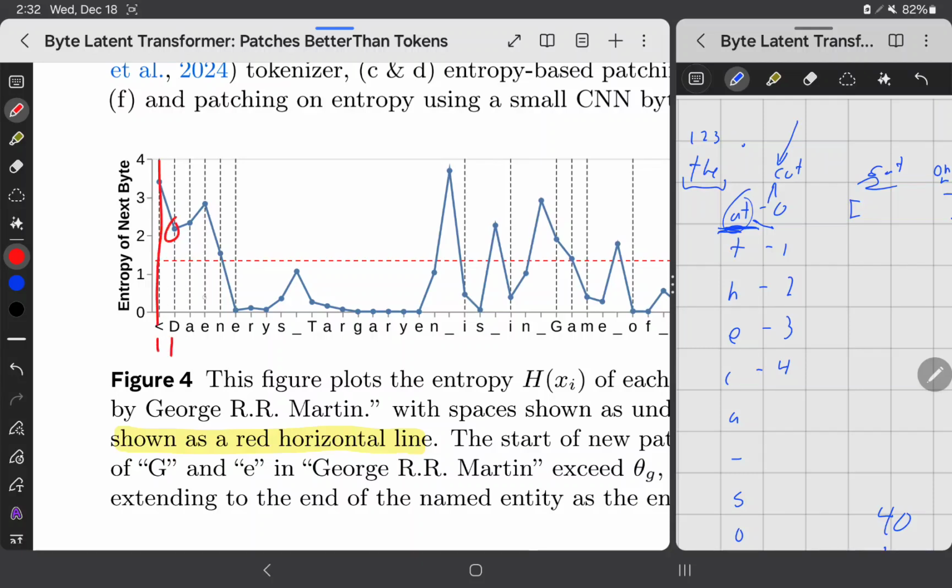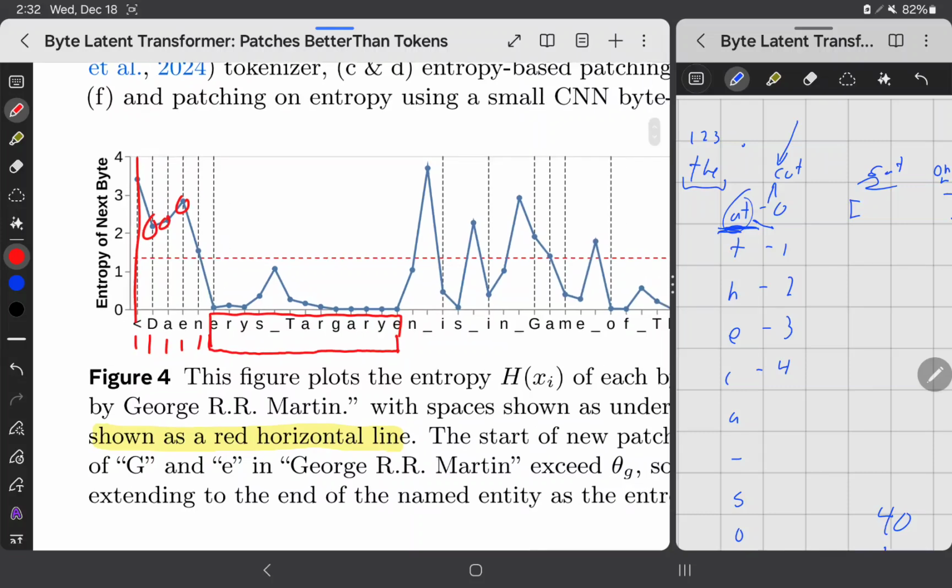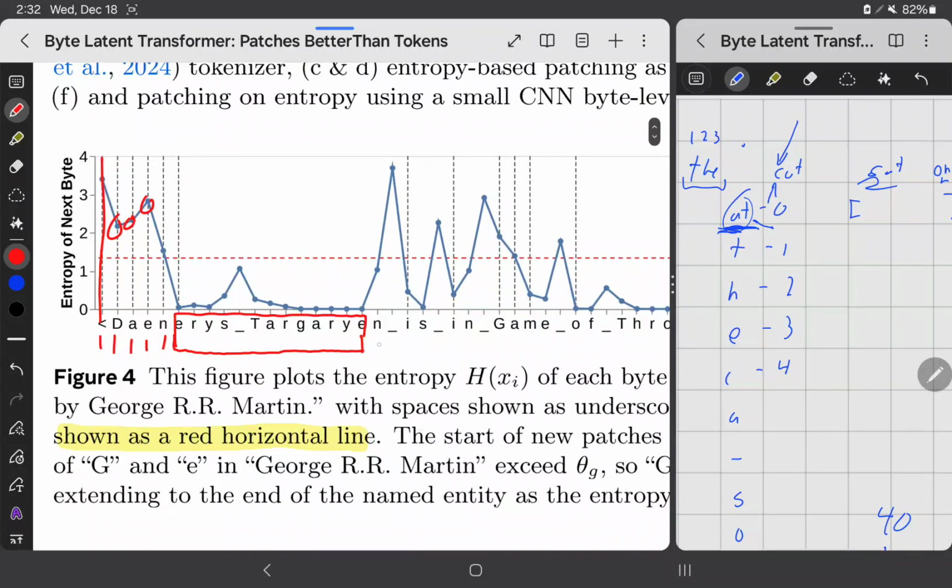Here, very high uncertainty, this is a patch. Very high uncertainty, patch, patch, patch. And then we start here, where this is going to be a patch all the way until we get to here. So this is going to be our first actual patch. And then it's a patch until we get to around, I think, here, and so on.